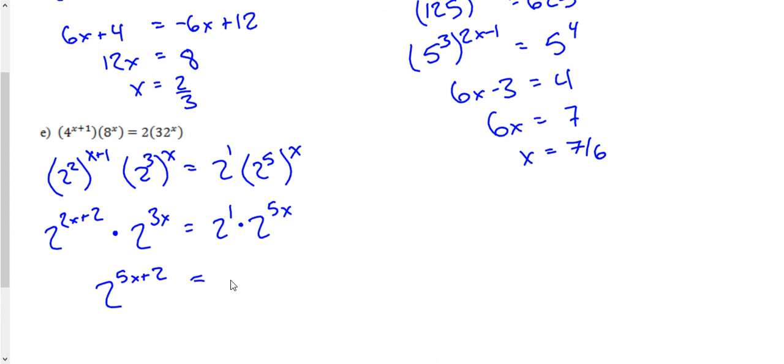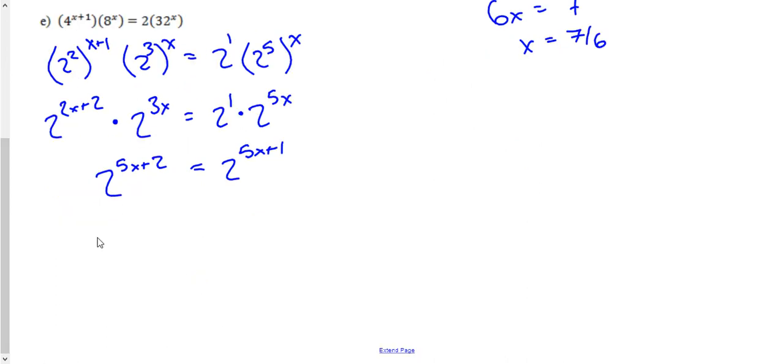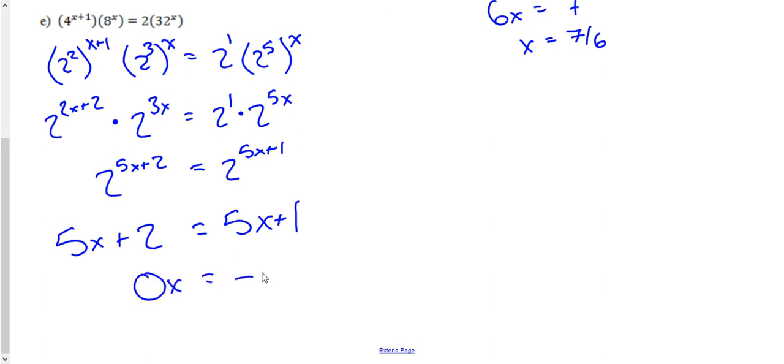On the right I have 2 to the 5x plus 1. I can drop my bases as I have common bases, so now I have 5x plus 2 equals 5x plus 1. Combining all my variables all to the left, that's 0x's equals negative 1. This cannot occur. This does not actually happen. So therefore, on this one, we have no solution.